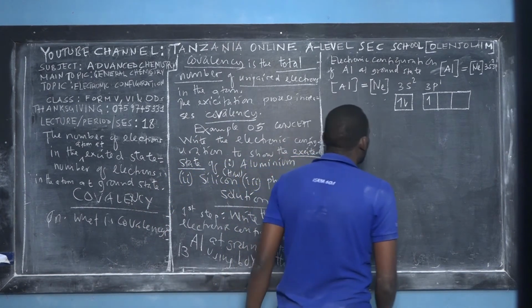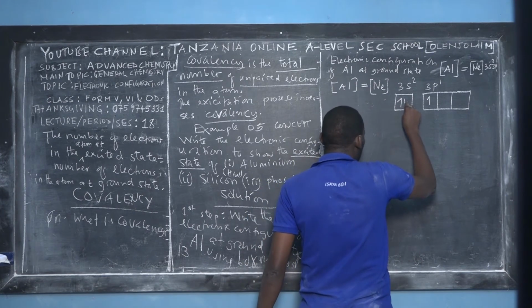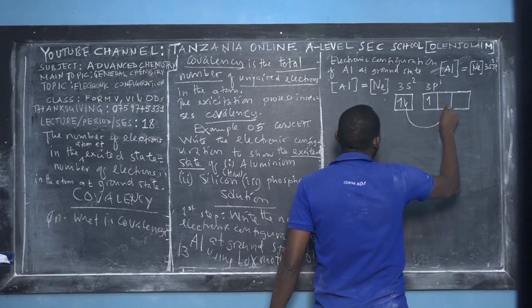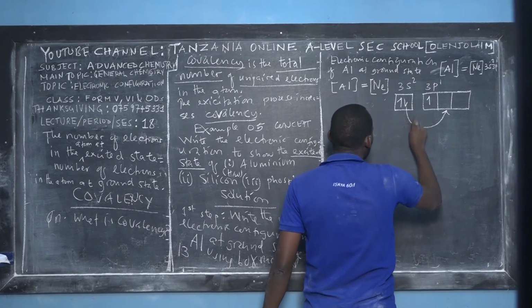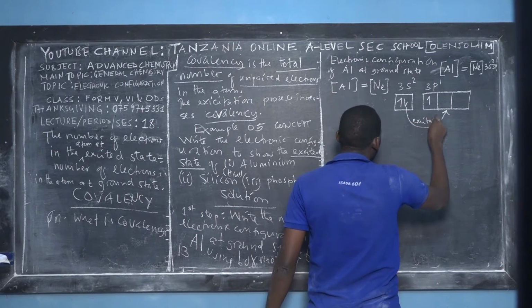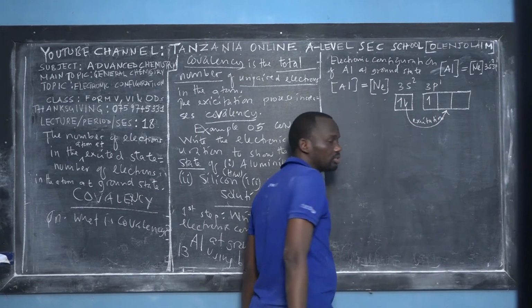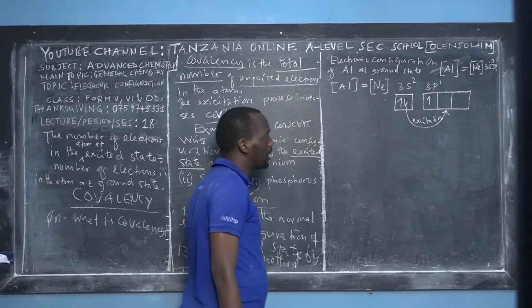So during excitation, the paired electrons will come here. This is taking place during excitation, because you have paired electrons.